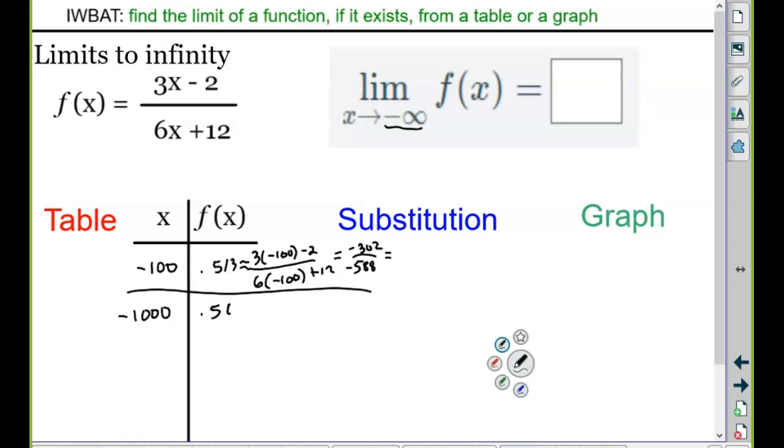I get 0.5013. And you can see this is pretty tedious, right? You don't want to keep doing it. But the question is, where is this going to go?